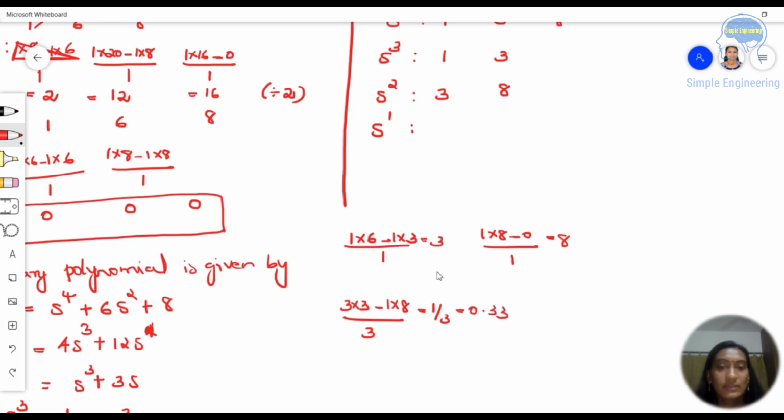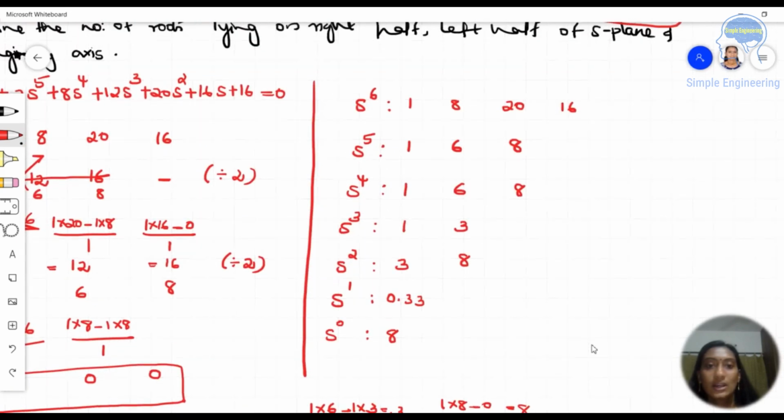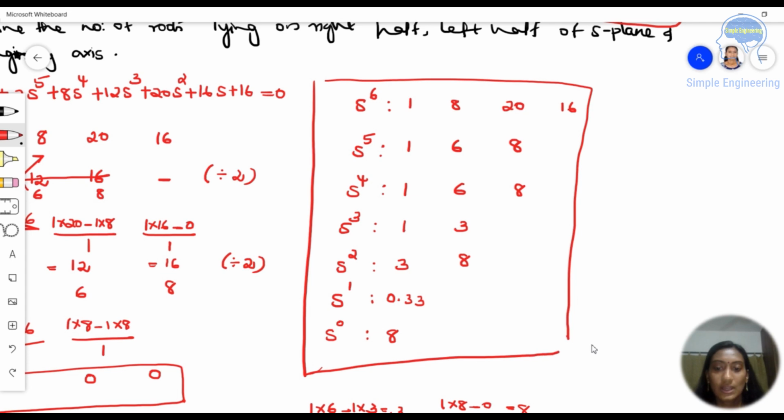So here s power 1 will be equal to 0.33, and s power 0 will be equal to 0.33 into 8 minus 3 into 0, that is 0, by 0.33. So you will get it as 8. So s power 0 will be equal to 8. So this is your Routh array.